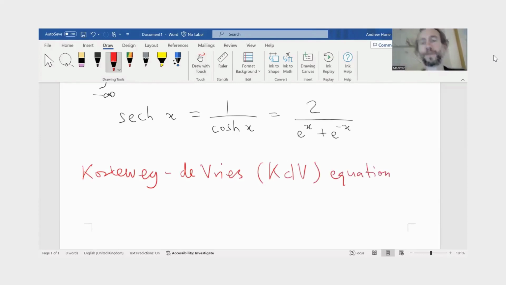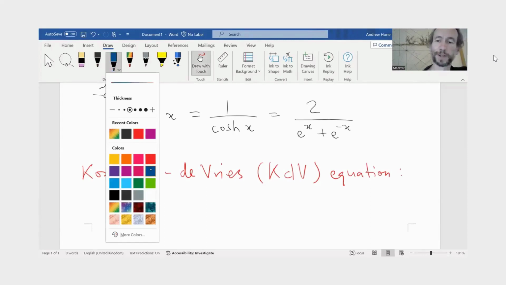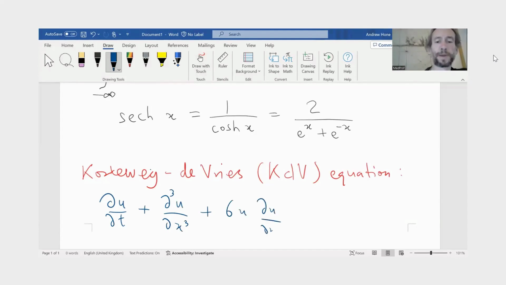So that's a PDE for a quantity U that depends on x and t, in space and time. So one-dimensional space and time. And it looks like, in a kind of scaled form, it's a third-order PDE, but it's nonlinear. So you'll see that the last term that I write is nonlinear because this term here has got the product of u and its first derivative with respect to x. So that's the KdV equation.